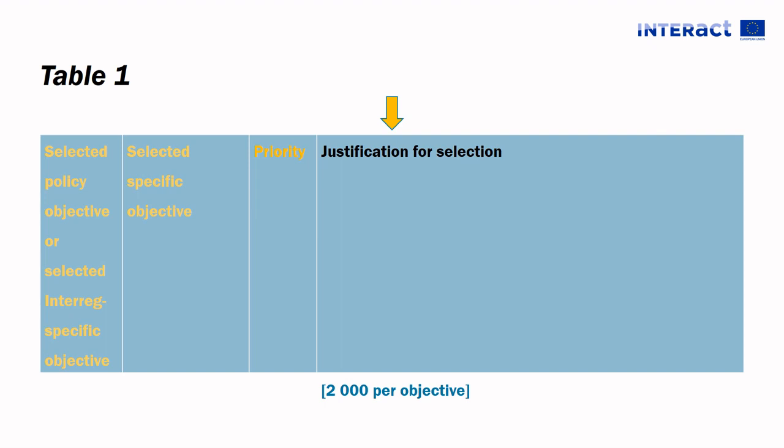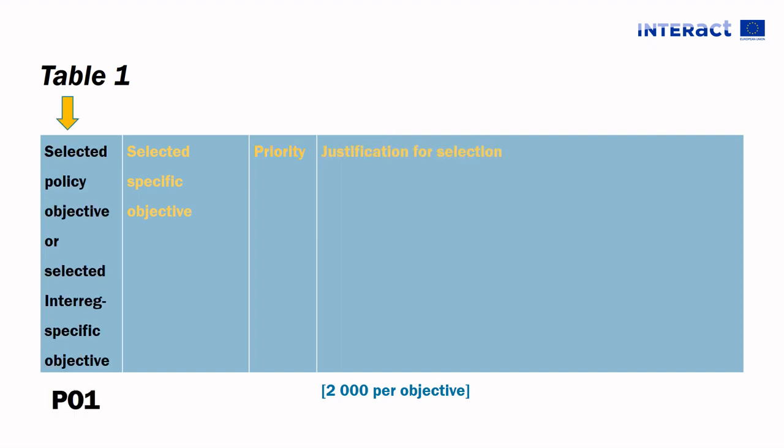What might be a bit confusing is the table, the way the columns are set. But what you actually have to do is, let's say you have selected PO1, for instance, and under PO1, you have selected 2 specific objectives. So in the first line, you will write PO1 in the first column.